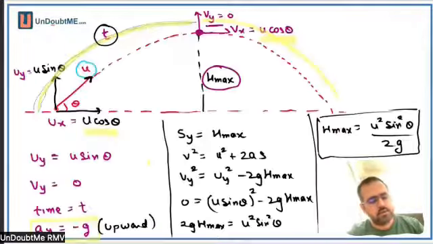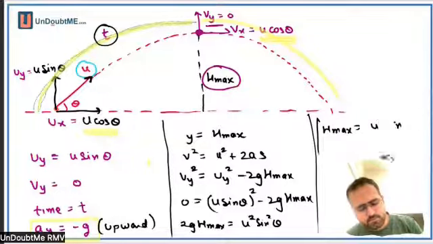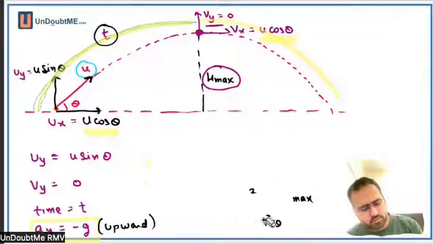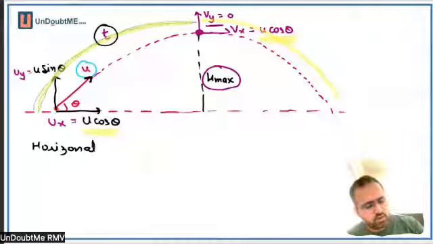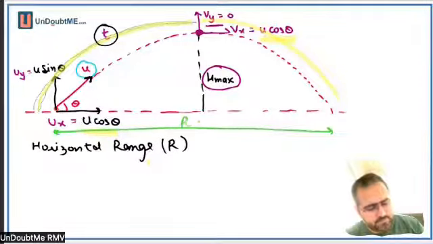So the next formula which we are going to use here is for horizontal range, denoted by capital R. It is the same as this distance as per the graph. This we are going to find now.